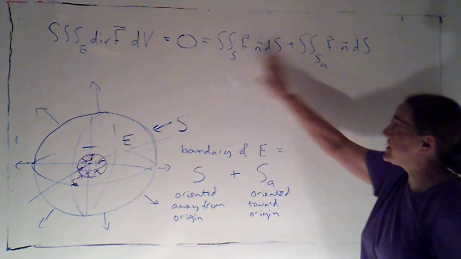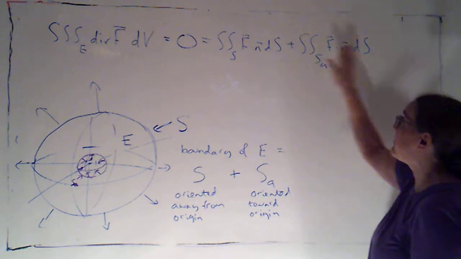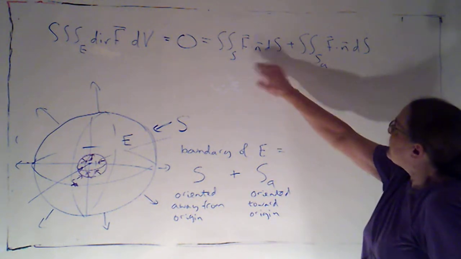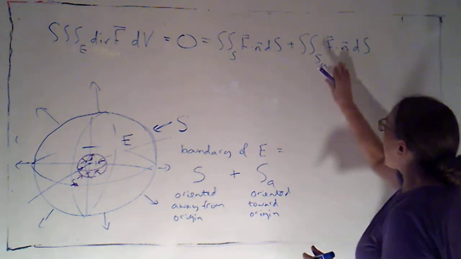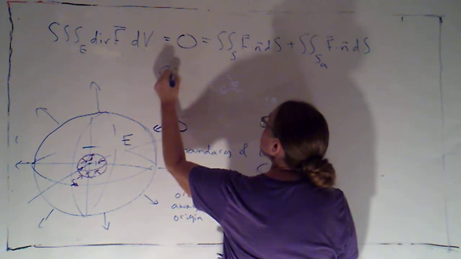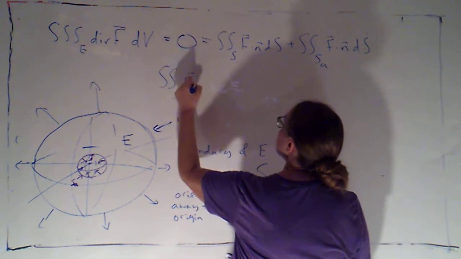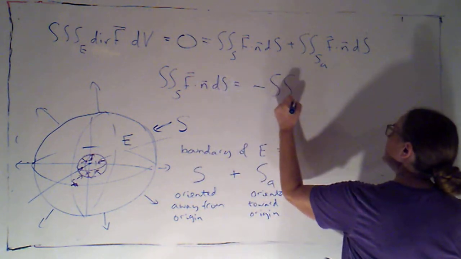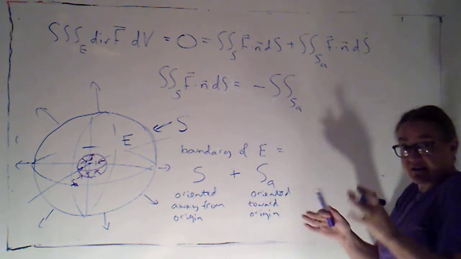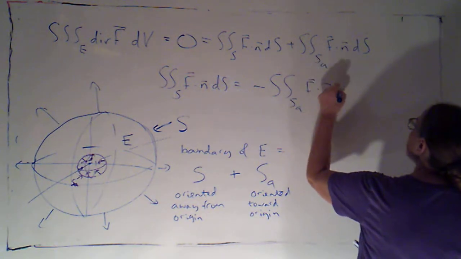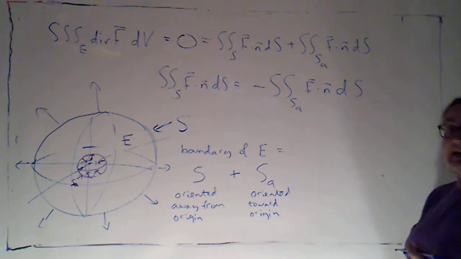Okay. The boundary comes in two pieces, so I just add those two surface integrals together. Now, if this sum is equal to 0, I can just subtract this over to the other side. So that tells me that the double integral along S of F dotted with N dS is just the opposite of the double integral along this little sphere of radius A of F dotted with N dS.